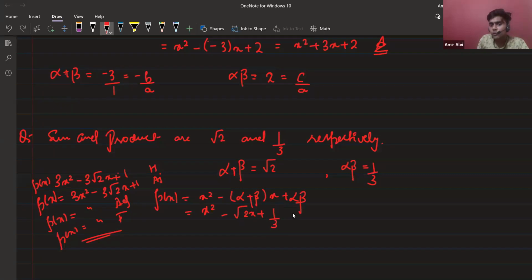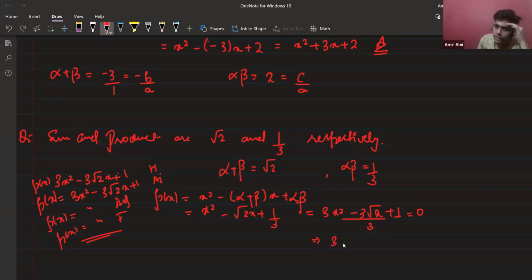If we take the LCM of it, 3x square minus 3 root 2x plus 1, whole over 3 equals 0. Yes or no?